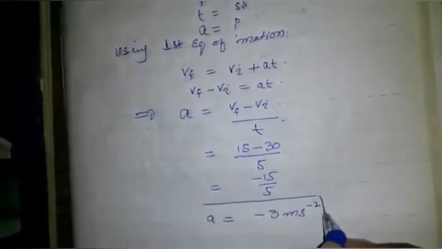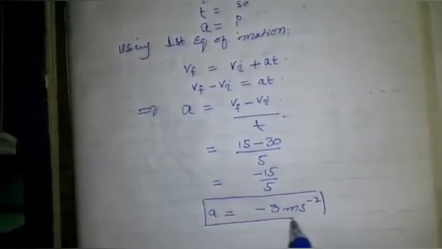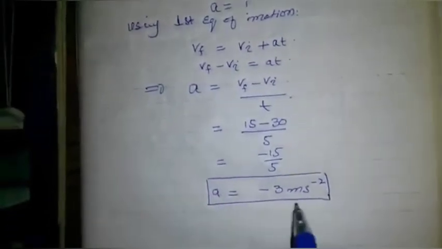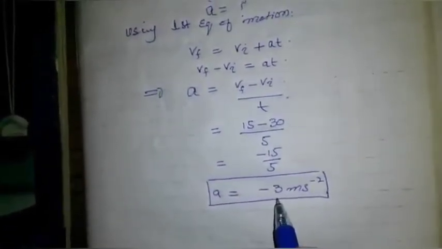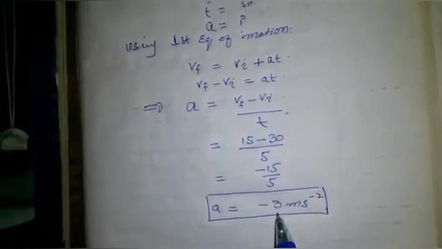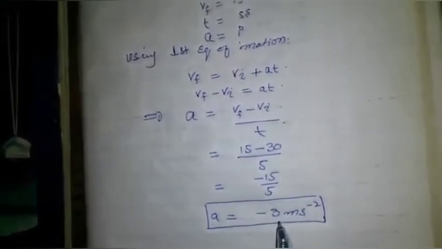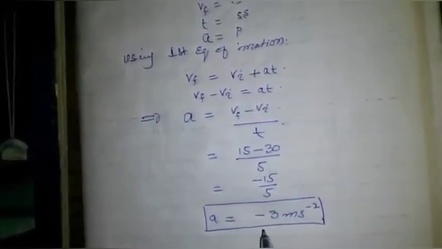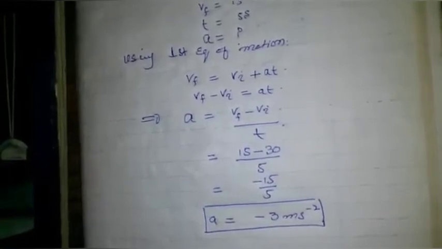This is the acceleration or retardation. The negative sign shows the velocity of the car is decreasing.